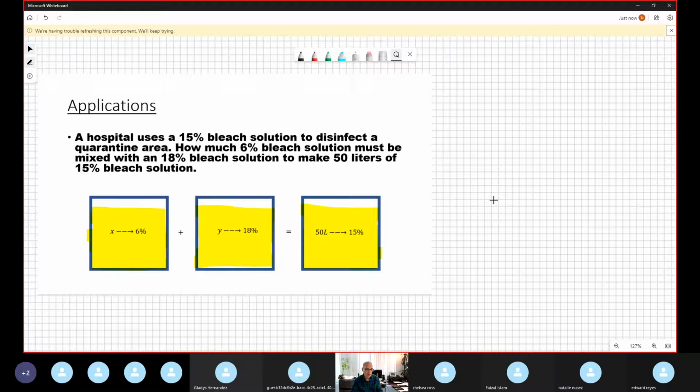You don't know how many liters of this we have, no? Another container 18%, but the final answer that I want is this container that I need to obtain, which is 50 liters at 15% concentration.